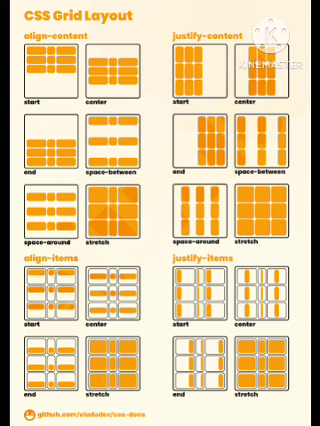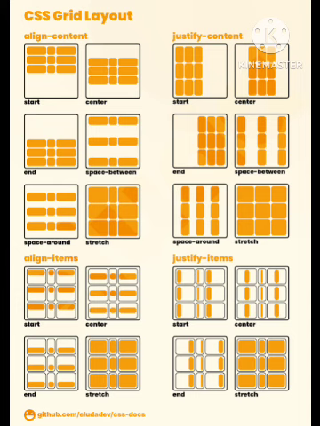Guys, then we have similar properties to what we saw in flex layout. In flex layout we had the property flex direction. By default it will be row, and when we declare flex direction column, the main axis will change to column and the cross axis will change to row.